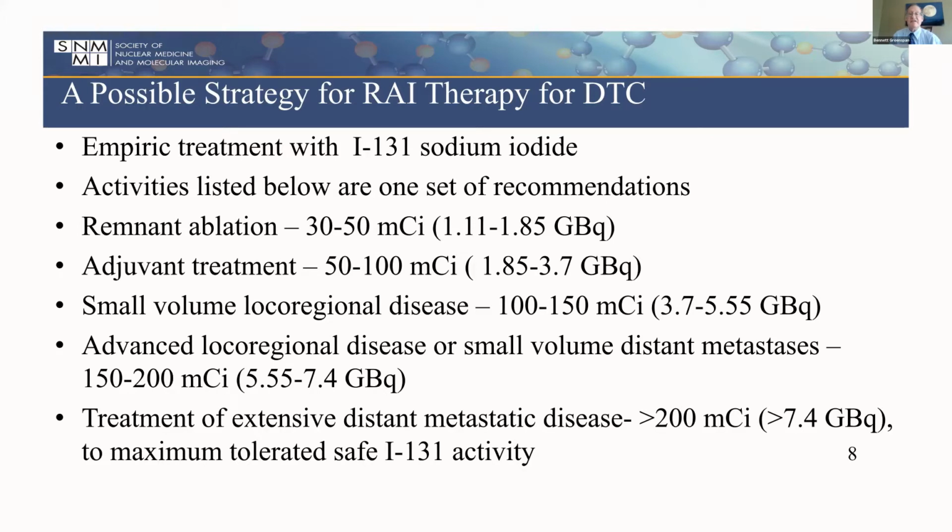Advanced local regional disease or small volume distant metastases, 150 to 200 millicuries, or 5.55 to 7.4 gigabecquerels. And treatment of extensive distant metastatic disease greater than 200 millicuries, greater than 7.4 gigabecquerels, to maximum tolerated safe I-131 activity. And that's usually measured as that the bone marrow gets no more than 200 rad exposure.